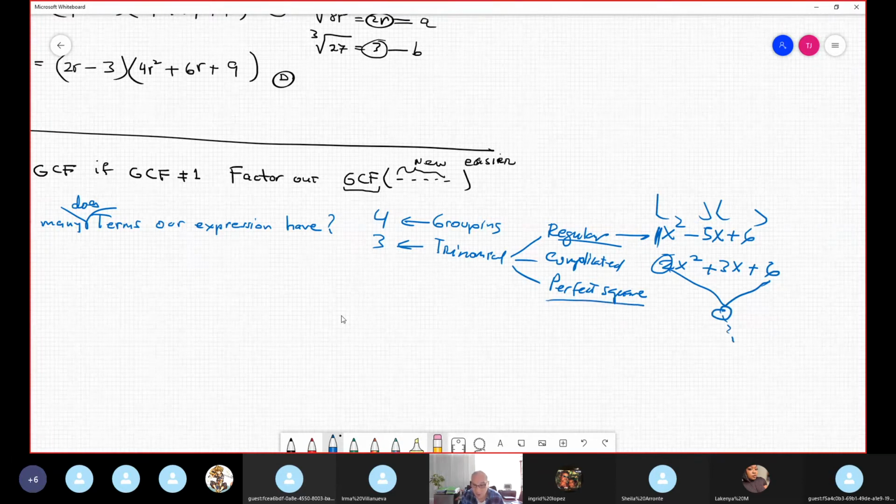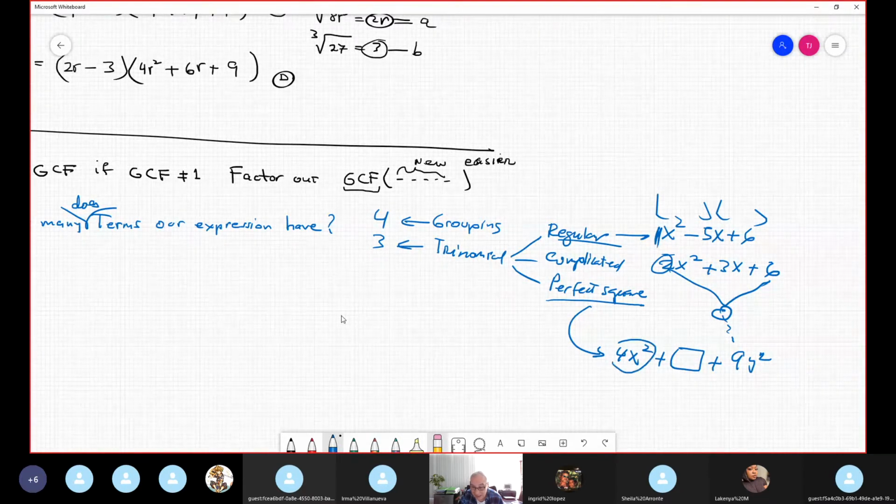And perfect square is weird to happen, but it happens. And it's very useful. Suppose we have 4x squared plus, I don't know exactly, plus 9y squared, whatever, another second variable. One clue that gives me the information that it is a perfect square is that this number 4 and this number 9 are perfect square numbers. If it is 5, impossible, because the square root of 5 is a decimal.